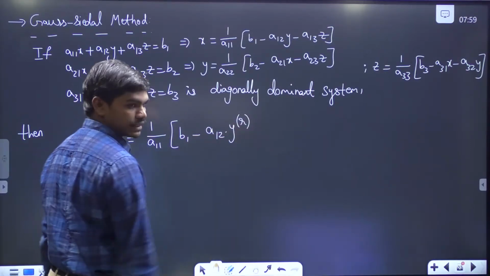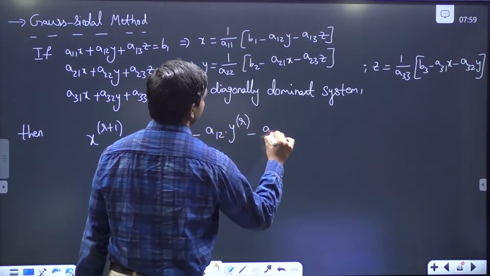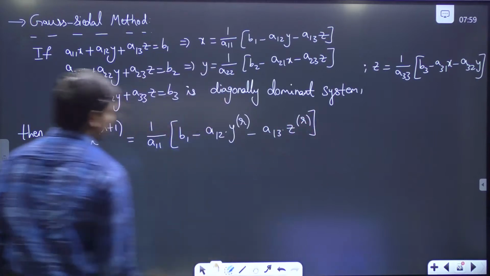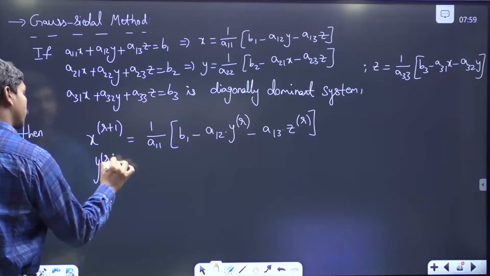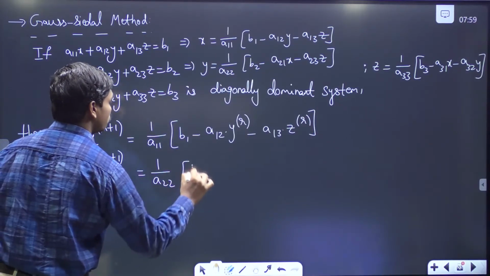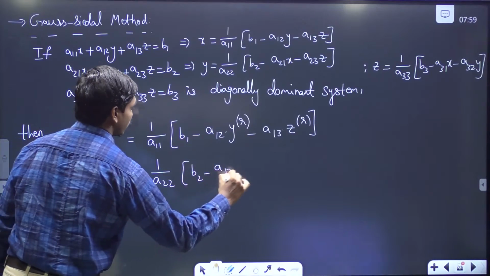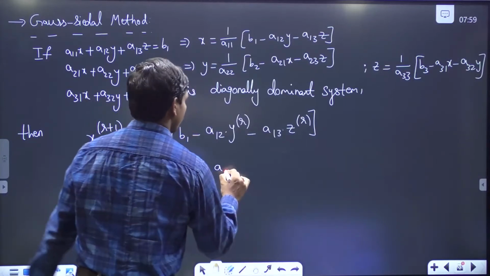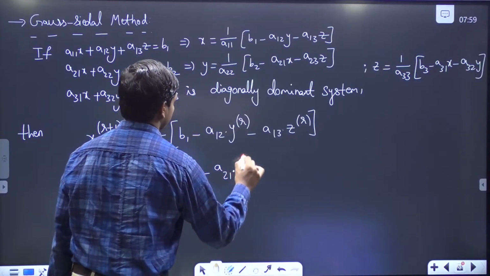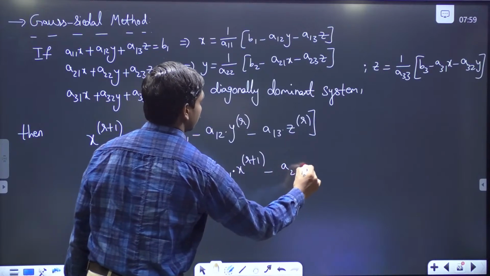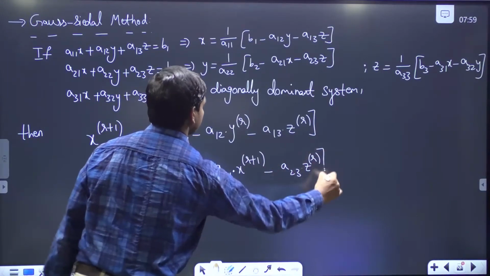So x(r+1) can be written as 1 by a11 into b1 minus a12 times the value of y obtained in the rth iteration, minus a13 times the value of z obtained in the rth iteration. And y(r+1) is equal to 1 by a22 into b2 minus a21 into x(r+1) minus a23 into z in the rth iteration.